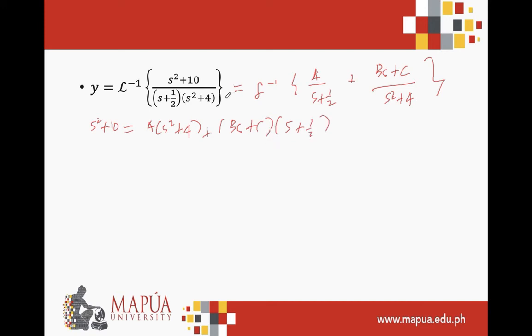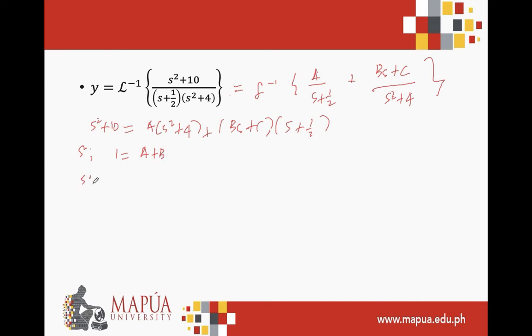Now we equate the coefficients of similar terms, starting with s squared. I get here 1, since this is a s squared and this is b s squared, so a plus b.